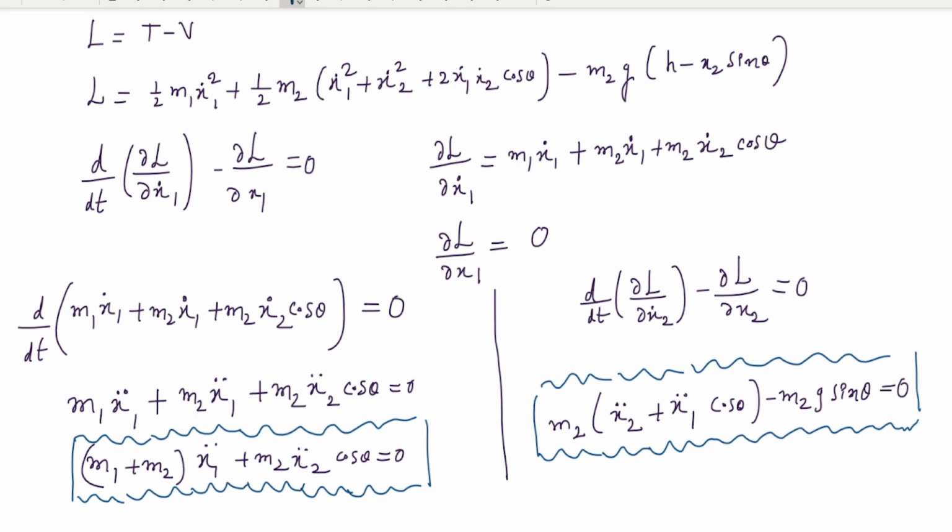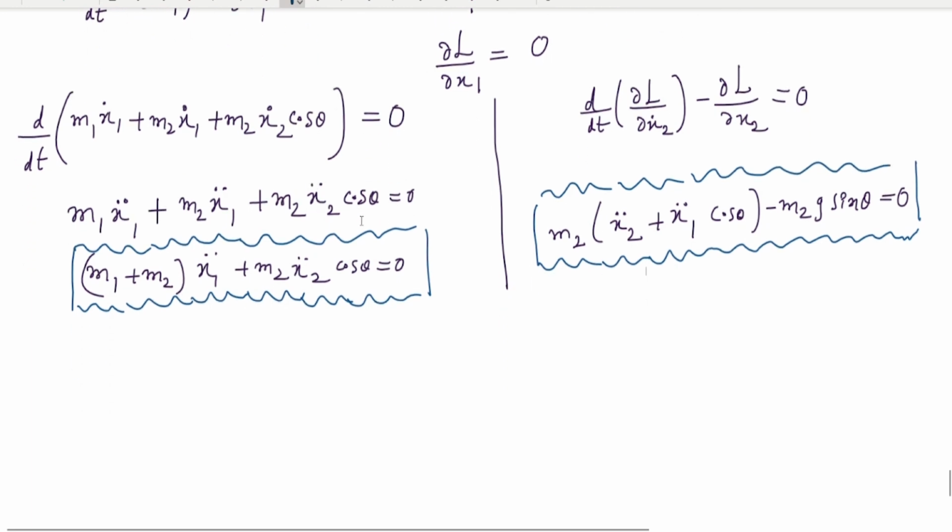So I got two different equations of motion. From this information I'm going to write x1 double dot as minus m2 x double dot 2 cos theta divided by m1 plus m2.